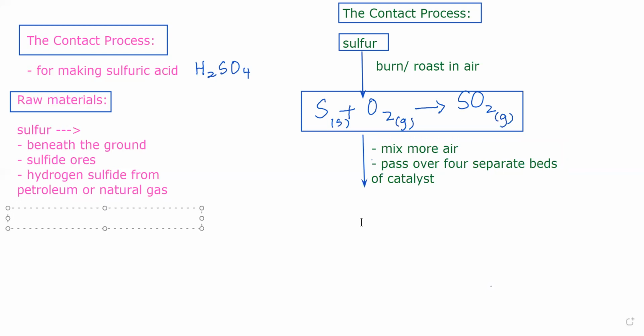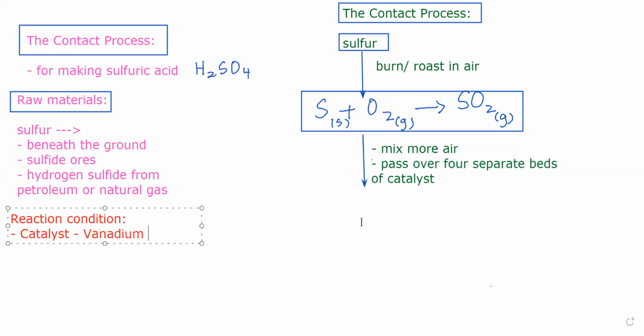I use different colors. So the reaction conditions that I am going to use: the catalyst, which is vanadium in bracket 5, vanadium 5 oxide. If we have to write the formula, we will mention V2O5. This is my catalyst.